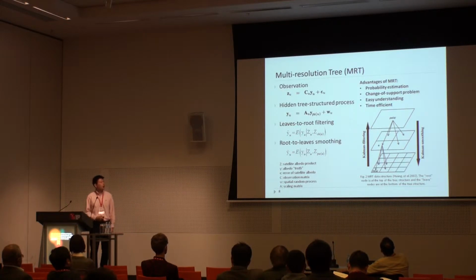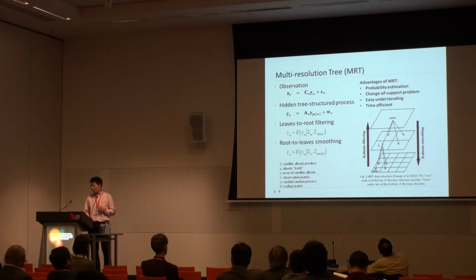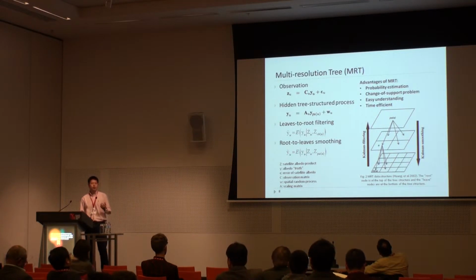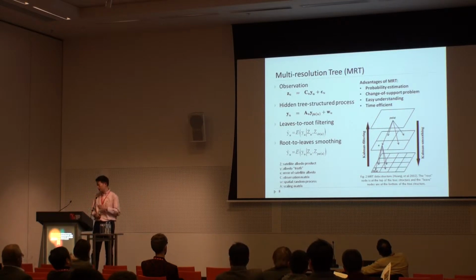In this presentation, I will introduce the data fusion method. Here, I use the multi-resolution tree, MRT, as the major method. The multi-resolution tree is actually a very simple idea, organizing the different albedo products at different resolutions as a tree structure.